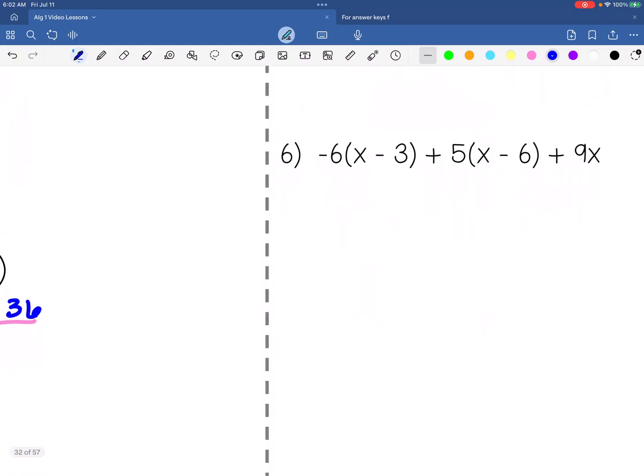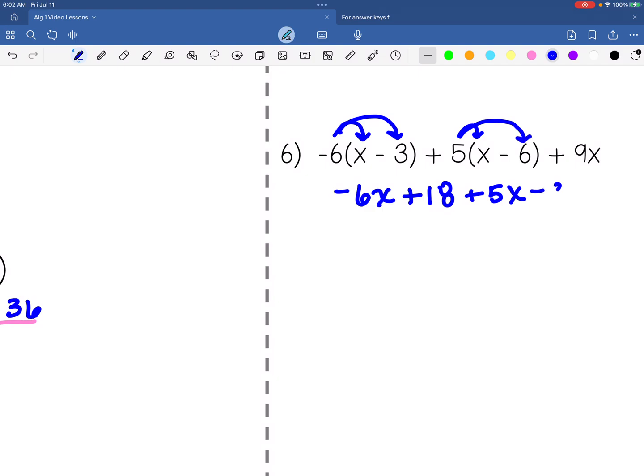Okay, and last one. Did we get 6 out of 6? Let's see. Negative 6 times x is negative 6x. Negative 6 times negative 3 is 18. 5 times x is 5x. 5 times negative 6.